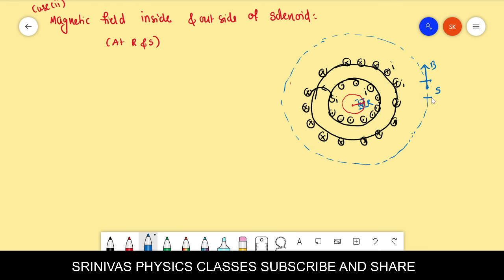You have to take a small element on the loop. One I want to find inside and the other outside, at point R and at point S.